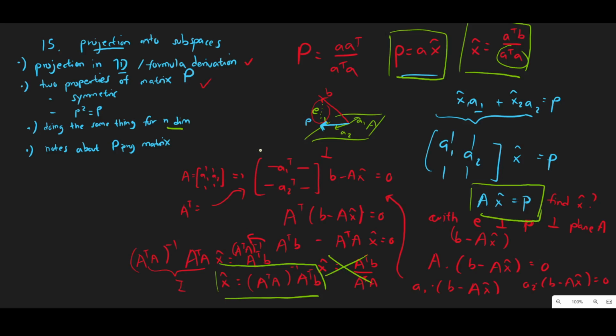And following the same directions, we can also get the capital P, which we derive from this term right here. Let me think about it for a sec. Yep, P is A, and then (A transpose A) inverse, A transpose.